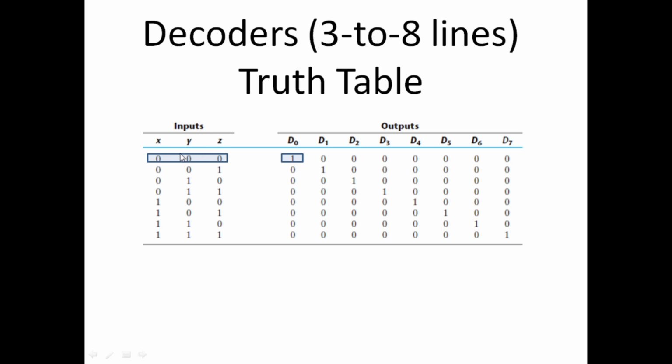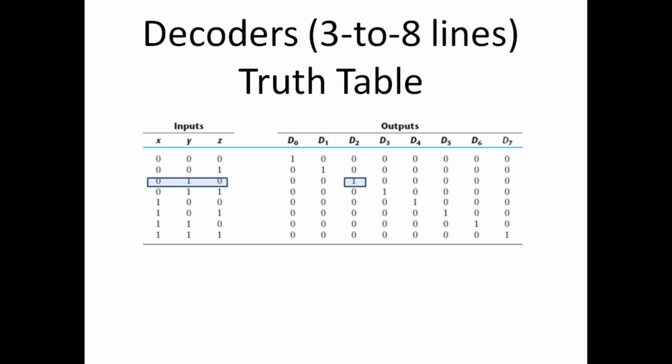Whenever all the inputs are 0, only D0 would give 1, and all of the other outputs would be 0. So this is the combination when the input is all zeros, and the output we will have only 1 for D0 and all others would be 0. Similarly, if the input is changed to 0, 0, 1, then only D1 would be 1 and all other outputs would be 0.